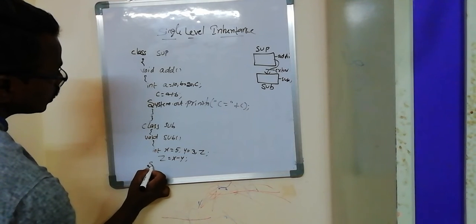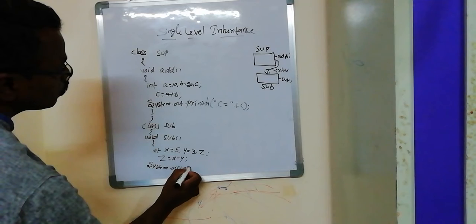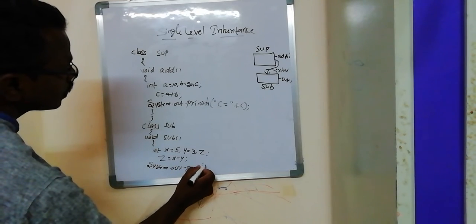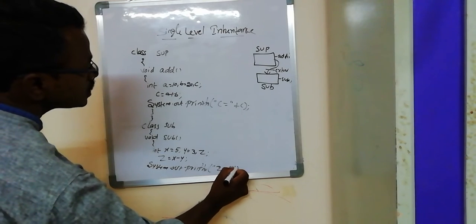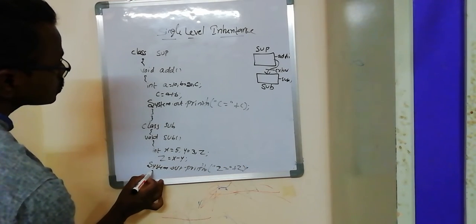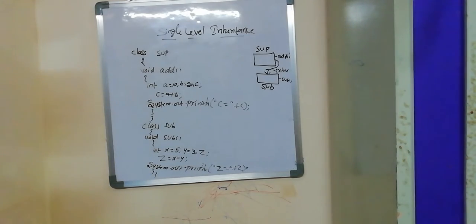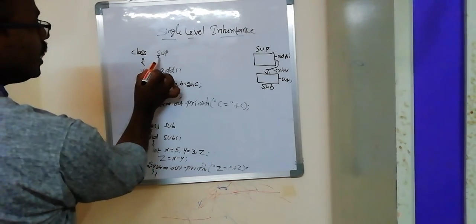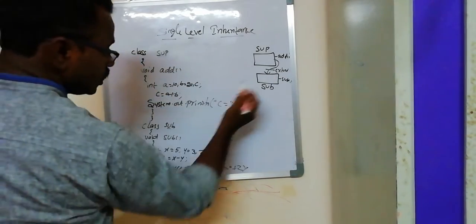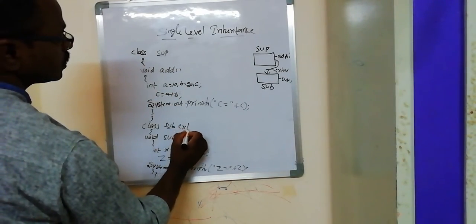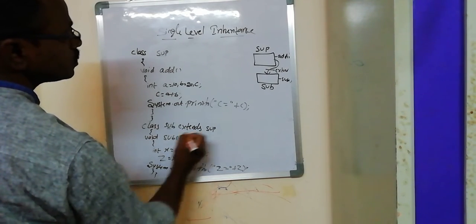We print the statement System.out.println, the z value is, plus z. We close the sub method and the subclass. We inherit the superclass properties in the subclass using the keyword extends, followed by the superclass name.